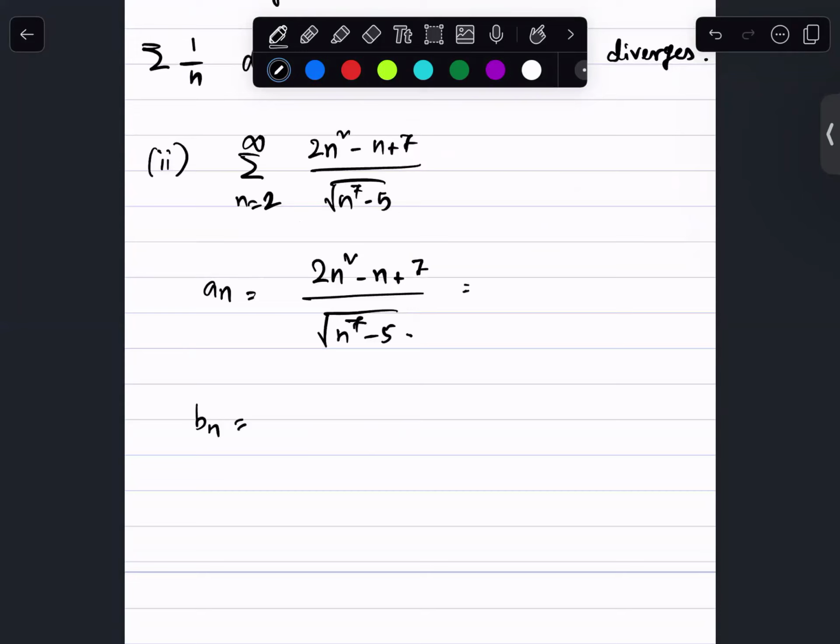Okay, but before that, let us just try to rewrite this this way.